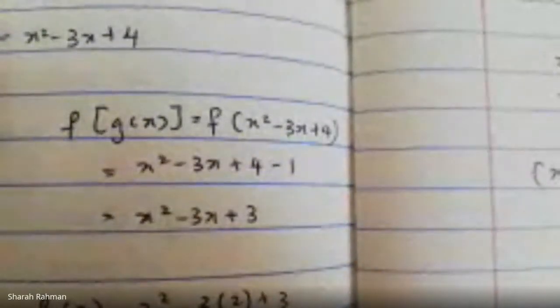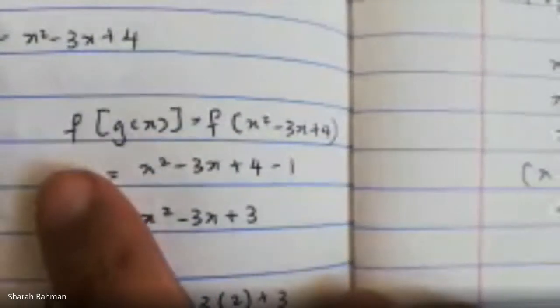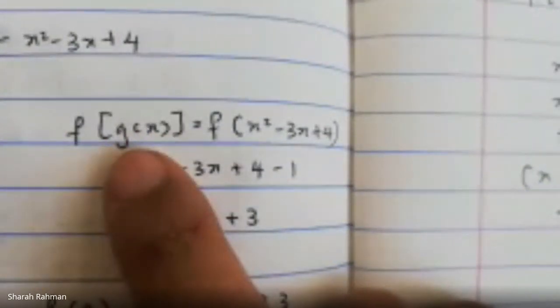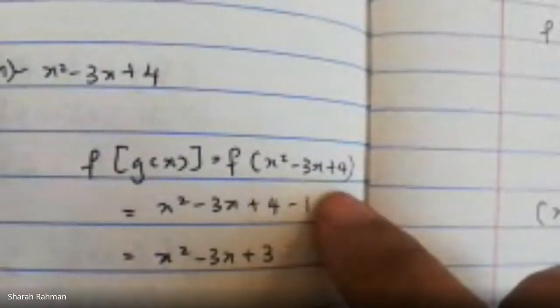So we have fg(x). We need to find fg(x) first. We substitute g(x) with the function g(x), which is x squared minus 3x plus 4.